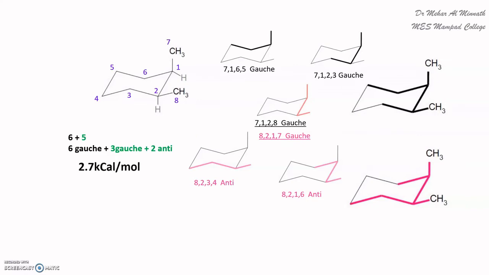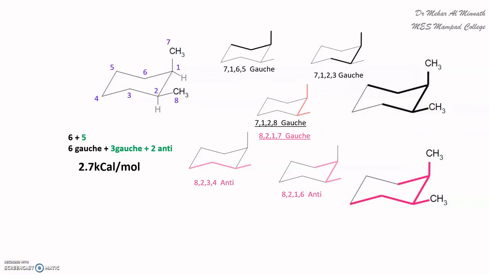So it will be almost 2.7 kilocalories per mole more energetic than unsubstituted cyclohexane. Alright, so in all the cases, let it be alpha-alpha or beta-beta, or its flipped form, this will be the same energy value. So the 1,2 disubstituted alpha or cis conformer will have 2.7 kilocalories per mole more energy than the unsubstituted cyclohexane.